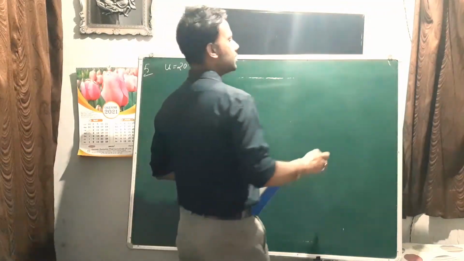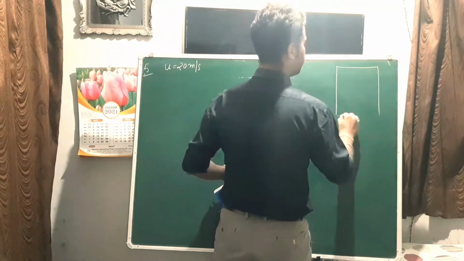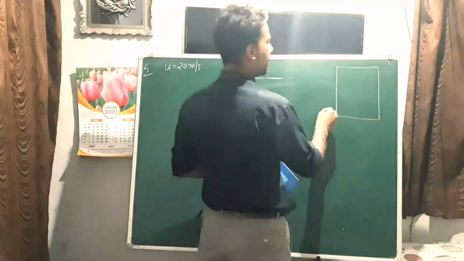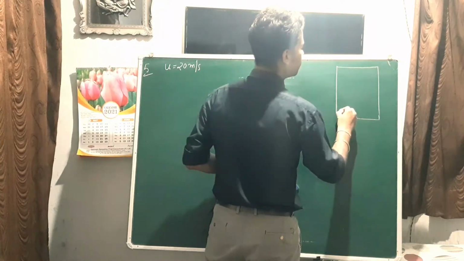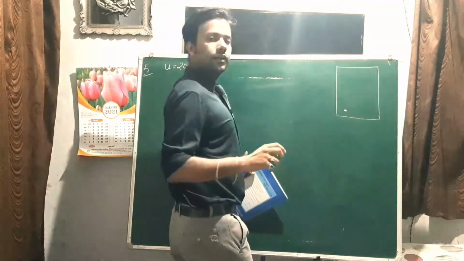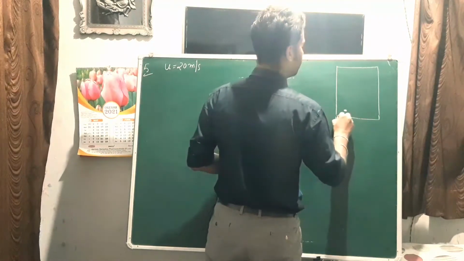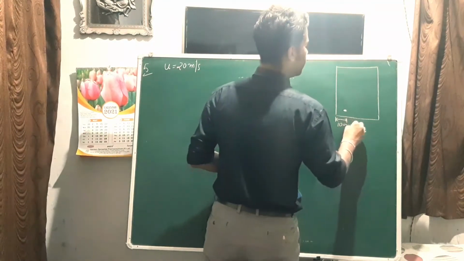Let's suppose this is the target. Now the bullet comes and penetrates, let's say till here. This is the point till where the bullet penetrates, and this distance is given as 10 centimeter.